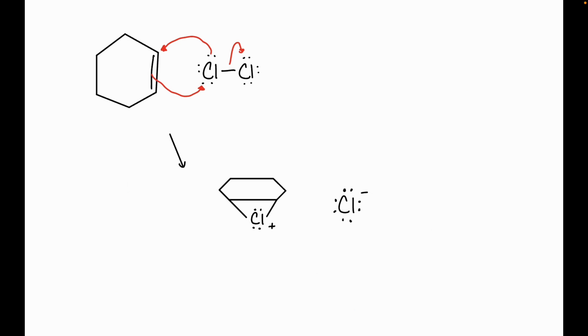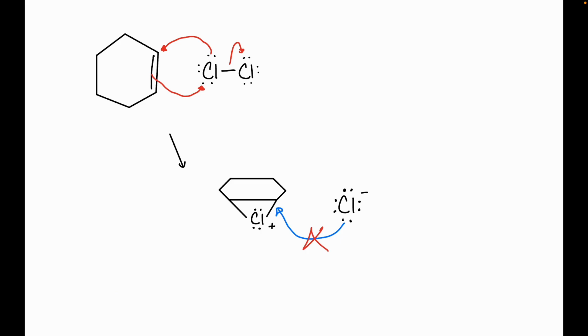Okay? And because that cyclic intermediate is on that one side, it's blocking that chlorine from being able to approach from that side. Chlorine can't get to it from that side because that triangle is in the way.